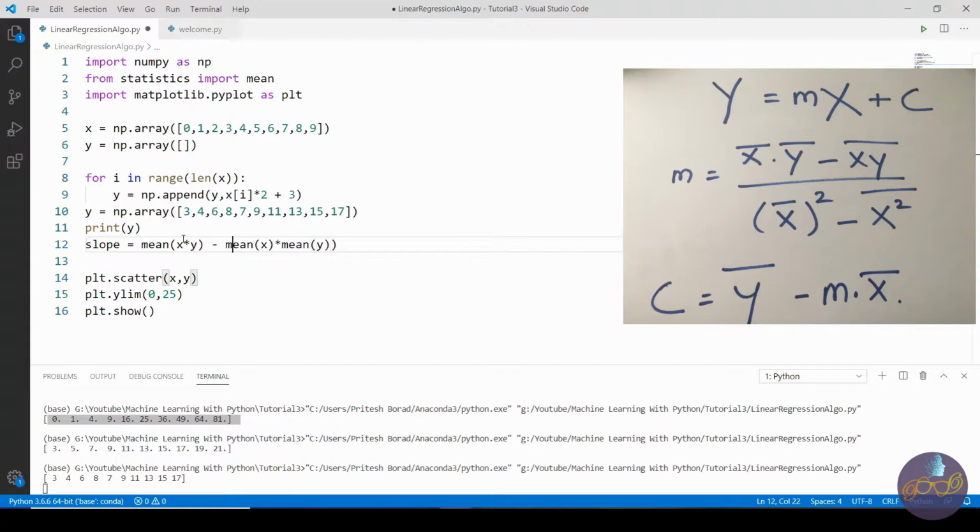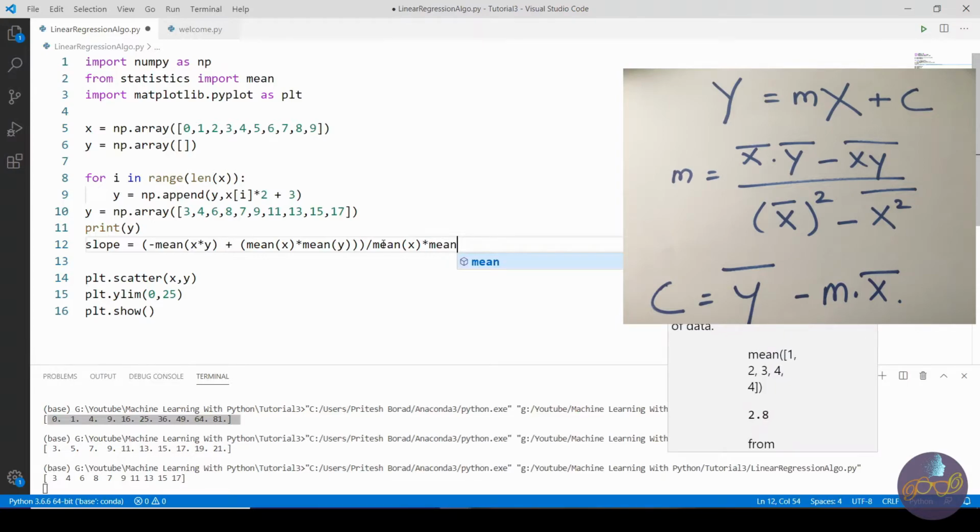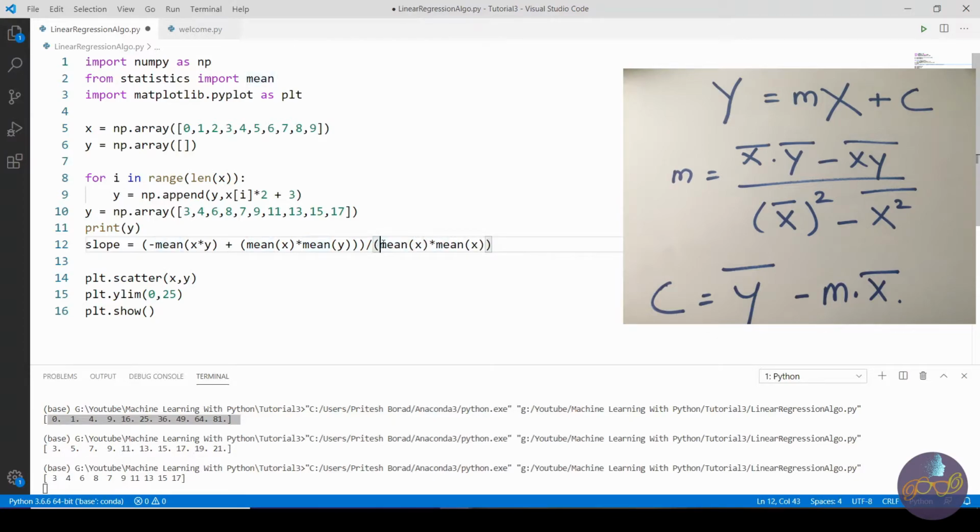And let's keep this multiplication quantity in round bracket. Oh, this is minus and mean x dot mean y is plus. Okay. Now divided by mean x into mean x, and let's also keep it in round bracket, minus mean x square. That's it.